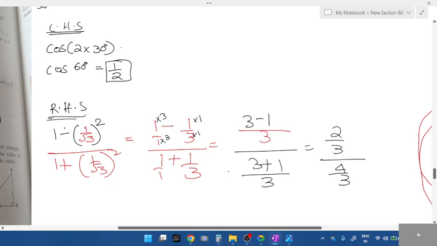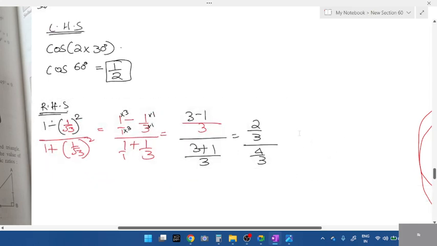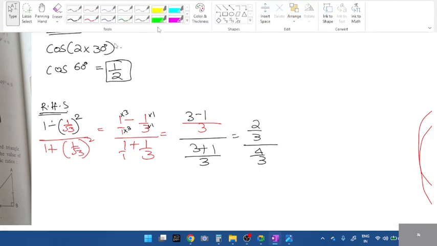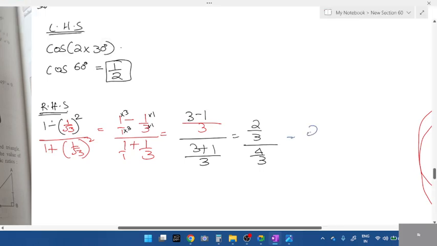How do I rewrite this? When there are two denominators, how do we solve this? Yes, side by side. You write side by side, right? 2 by 3. When you multiply, you write 3 by 4. Very good. 3 and 3 get cancelled. What is left? 2 by 4. If you reduce, you get the answer.